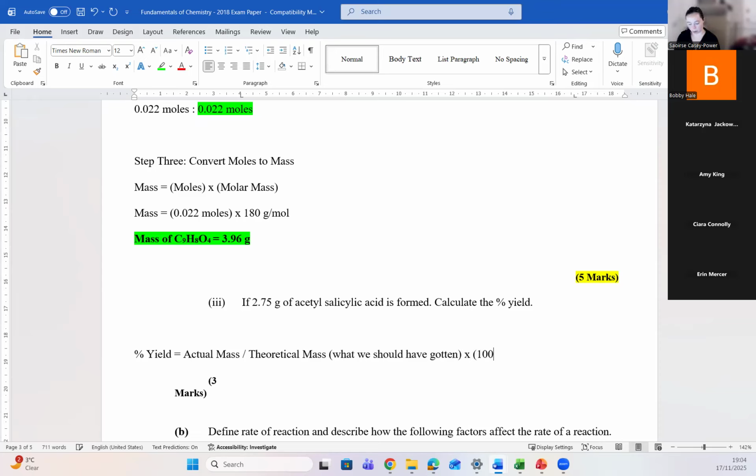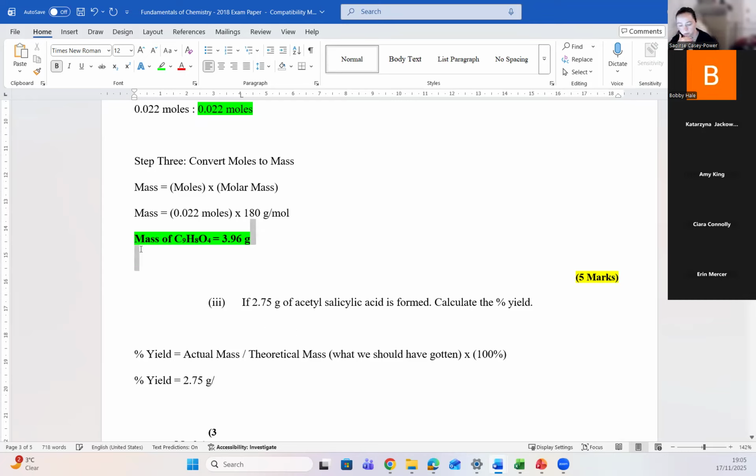Then it's multiplied by 100 because it's a percentage. The question asks: if 2.75 grams of acetylsalicylic acid is formed, calculate the percentage yield. We're told we did this experiment and got 2.75 grams, and what we should have gotten is the mass that we worked out up here.